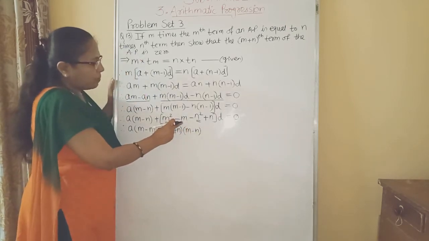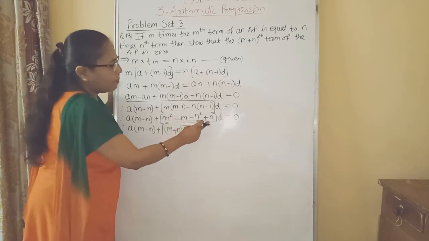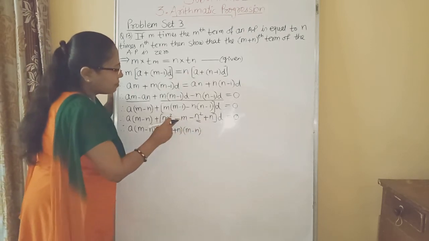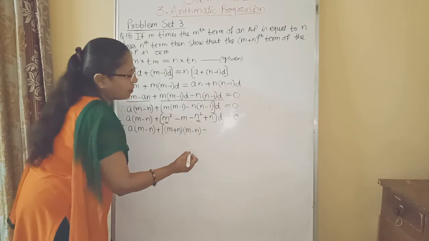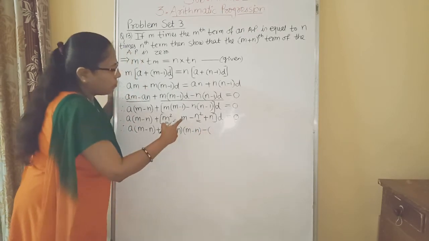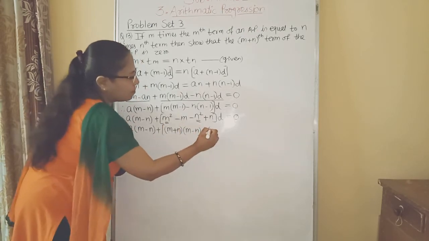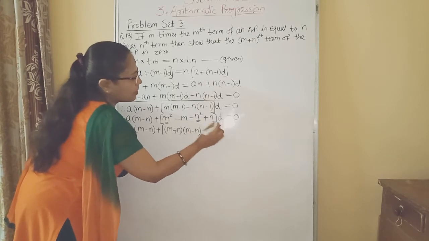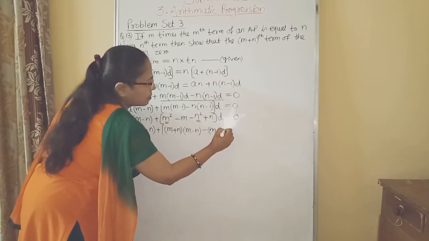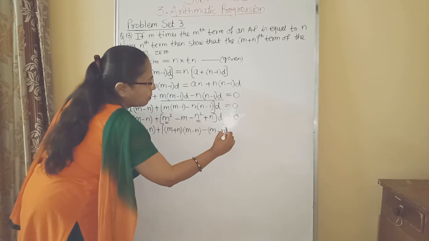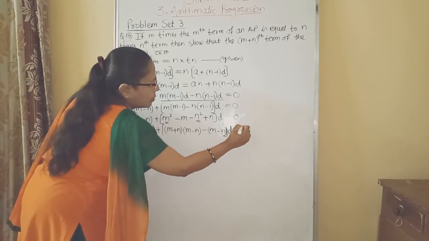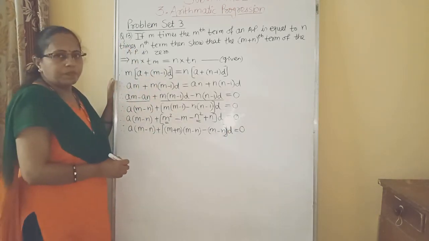Now which terms remain? Minus m plus n. From this we will take the minus sign common. So in the bracket what do we get? m, and instead of this plus it will become minus n. Close the bracket, into d equal to 0.